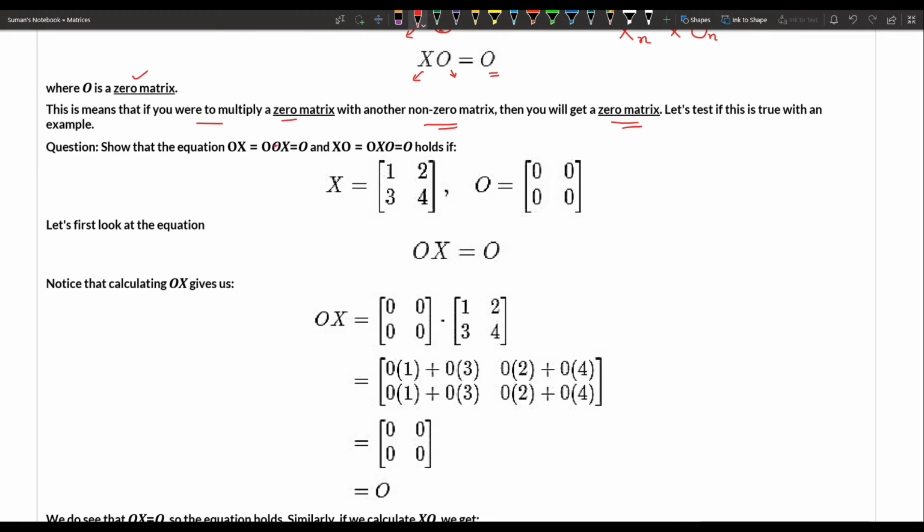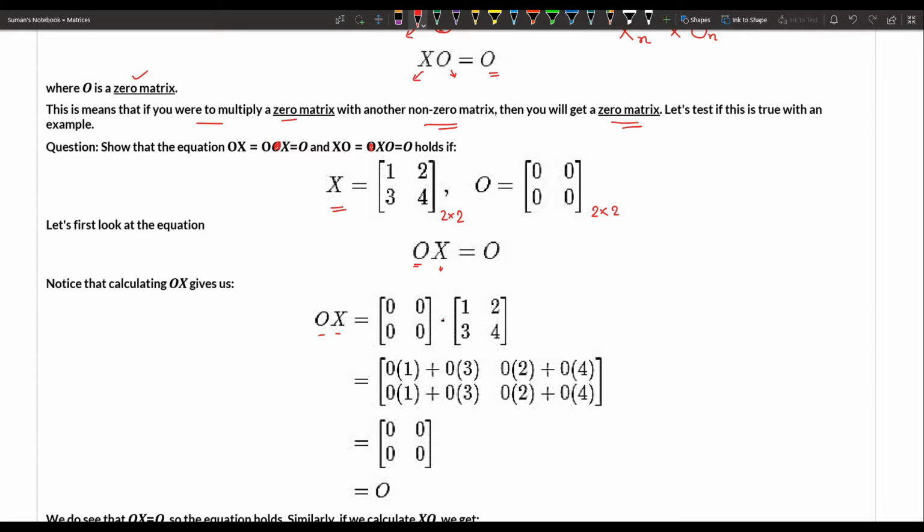Here we have two matrices: X, which is non-zero, that is 1, 2, 3, 4, of order 2 cross 2, and the null matrix of the same order, 2 cross 2. First we look at the null matrix on the left hand side of the non-zero matrix. So O into X is 0, 0, 0, 0 into 1, 2, 3, 4.